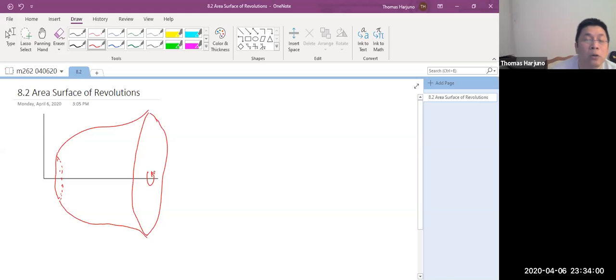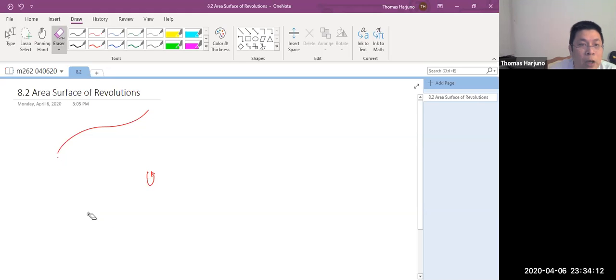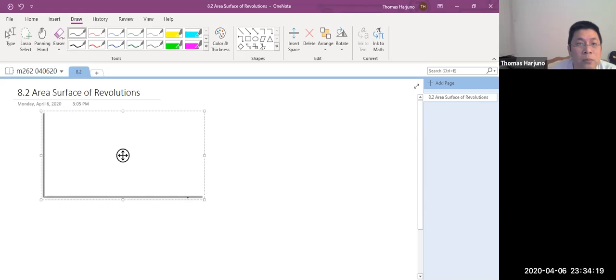Okay, now we will start by doing the following. Let me erase first. We will start with the original curve that we have earlier. And let's say this is the curve. Now we want to find the area when I revolve that, but let's first look at this section.